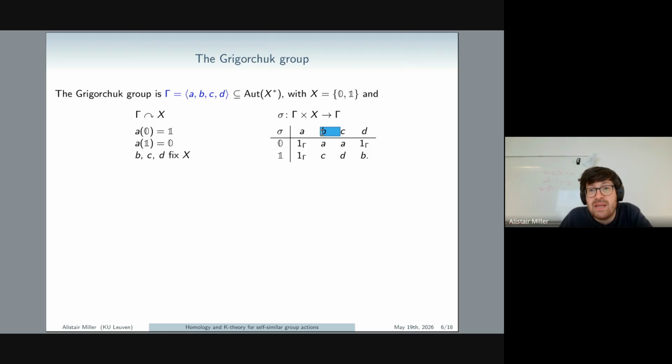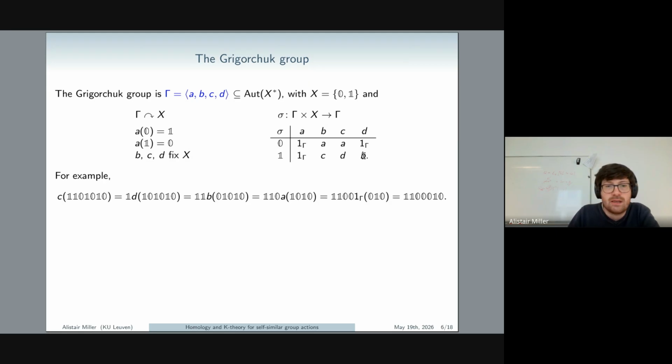If I push B past 0, it's going to become A. If I push B past 1, it becomes C. And you see there's this 3-cycle behavior going on between B, C, and D. So B pushes past 1 to become C, which pushes past 1 to become D, which pushes past 1 to become B.